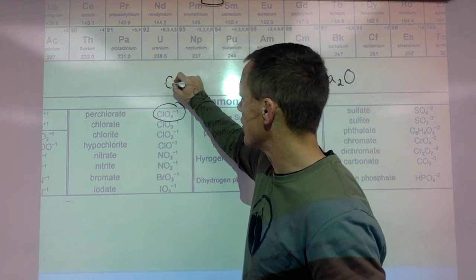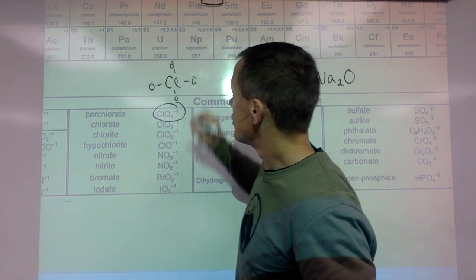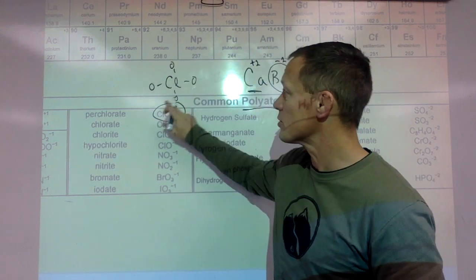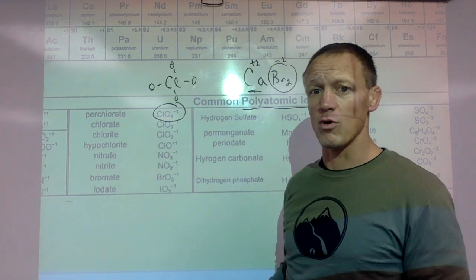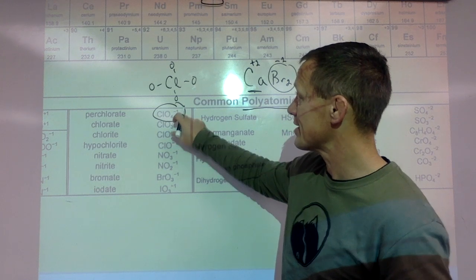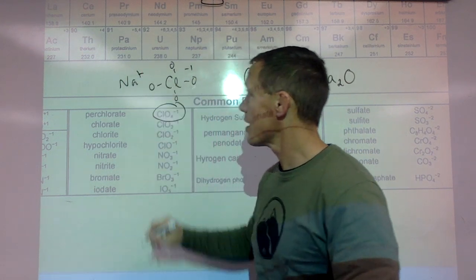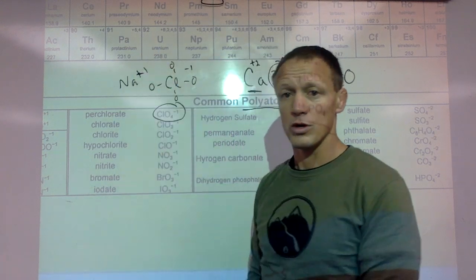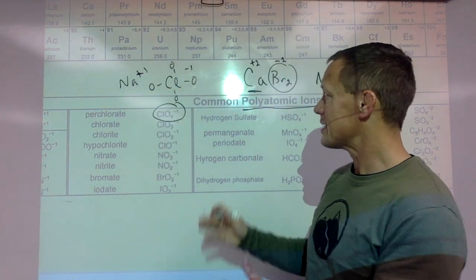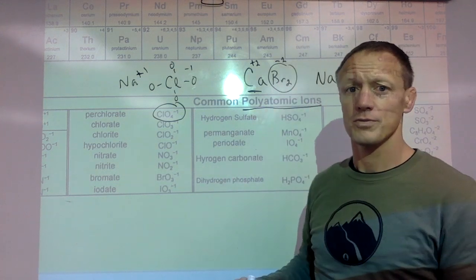You have a chlorine with 4 oxygens bonded to it with a negative 1 charge. I'll never make you draw these, by the way. It's looking for something positive to combine with. Since this has a negative 1 charge, it might combine with something like sodium that has a positive 1 charge. So it's now a group of atoms with a charge rather than a single element with a charge.